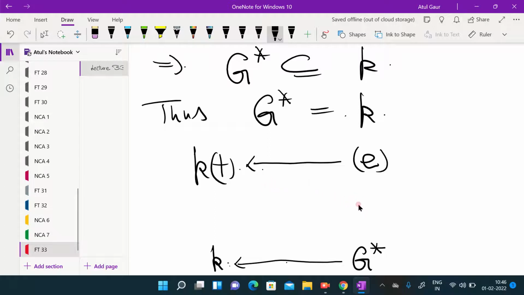The answer is no, because G star is K, this you have already seen. एक एलिमेंट यहाँ पे tau sigma है, and consider the cyclic group generated by tau sigma. ये इसके अंदर है, G के अंदर, and cannot be equal. और इसका भी अगर फिक्स फील्ड देखोगे, that is also K.